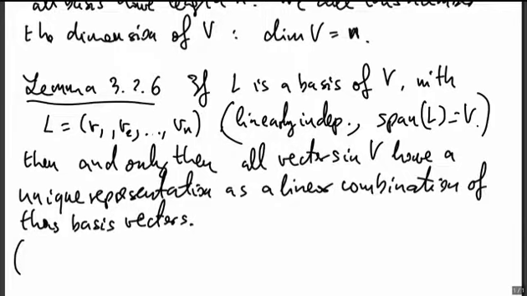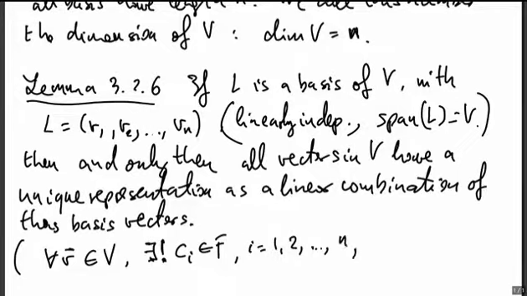So a more compact way to write this is that for all vectors v in the vector space V, there exists a unique (the notation is the existence symbol with the exclamation mark denoting unique) coefficient ci in the scalar field for i going from 1, 2 through n, such that the vector v can be written as the linear combination of the v vectors with ci coefficients.